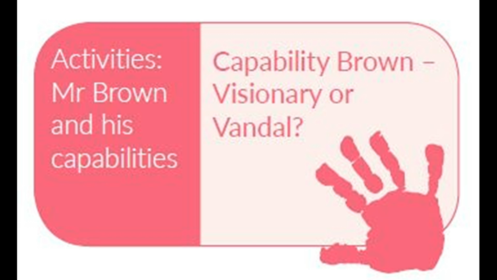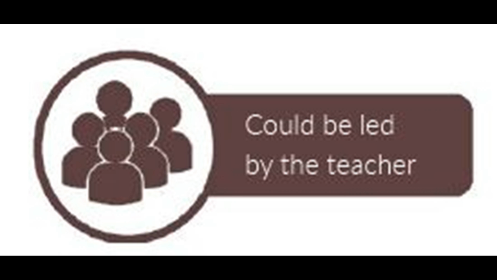Was Brown great, or was he actually quite destructive in what he did? So that activity, and the one on page 48, Who Was Lancelot Brown, and probably as well Not My Home, are possible things that you could give the instructions and the relevant copies of the information sheets to teachers to do, either as an activity that they could lead on site, or more likely back in school as a follow-on.